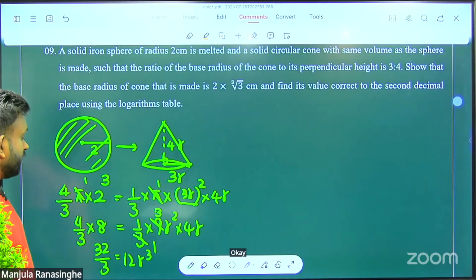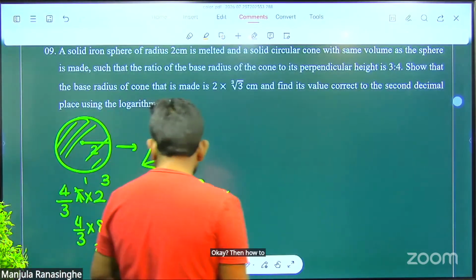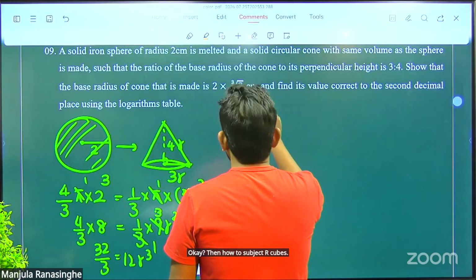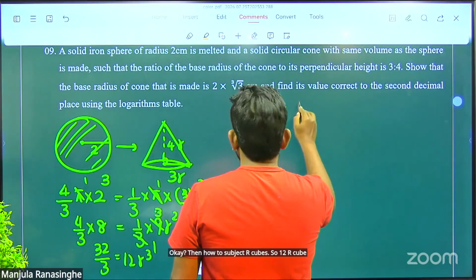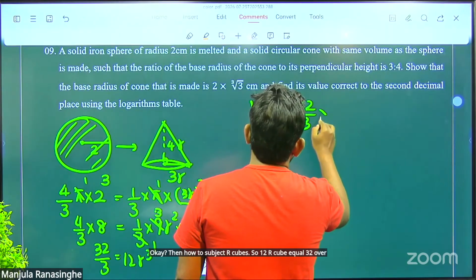Then how to make r cubed the subject? 12 r cubed equals 32 over 3, multiply both sides by 3.